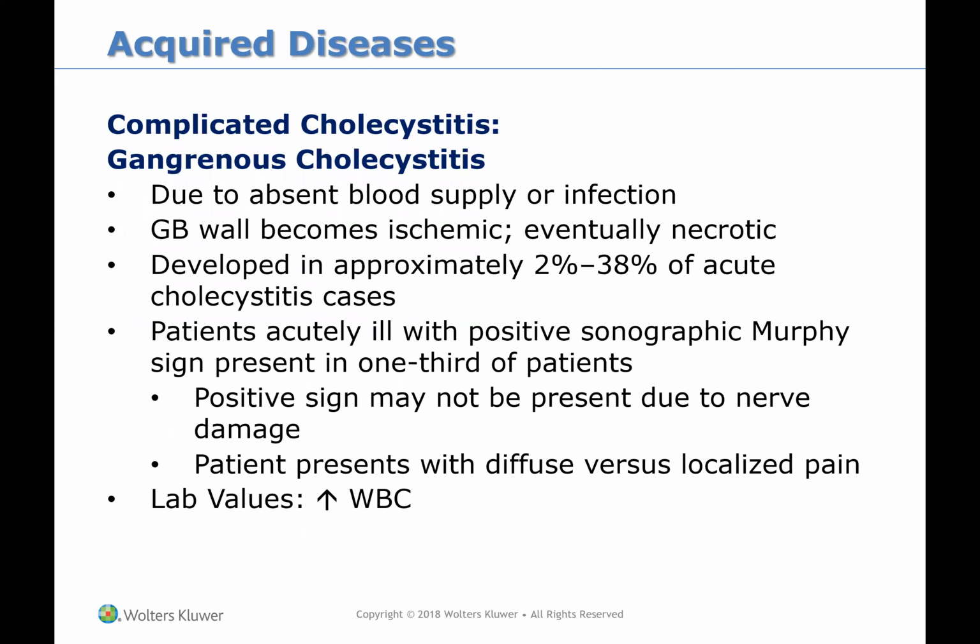Gangrenous cholecystitis is due to absence of blood supply or infection. The gallbladder wall becomes ischemic, eventually necrotic, and it develops in about 2 to 38% of acute cholecystitis patients. Patients are acutely ill, with a positive sonographic Murphy sign present in 1/3 of patients.